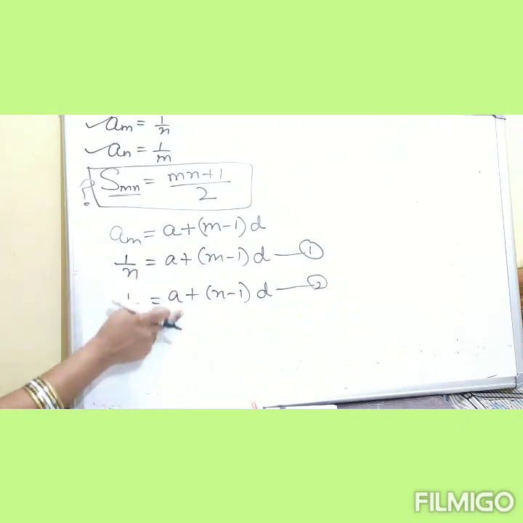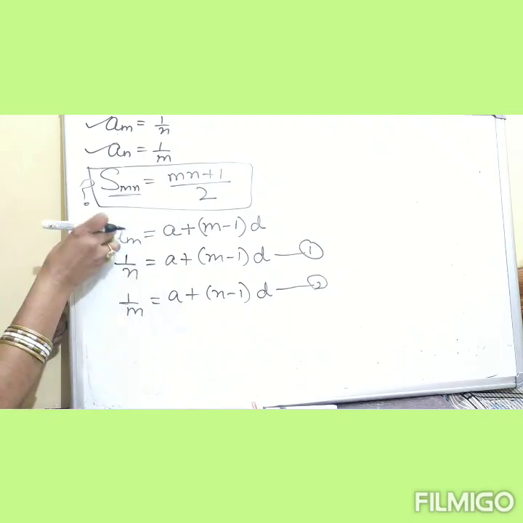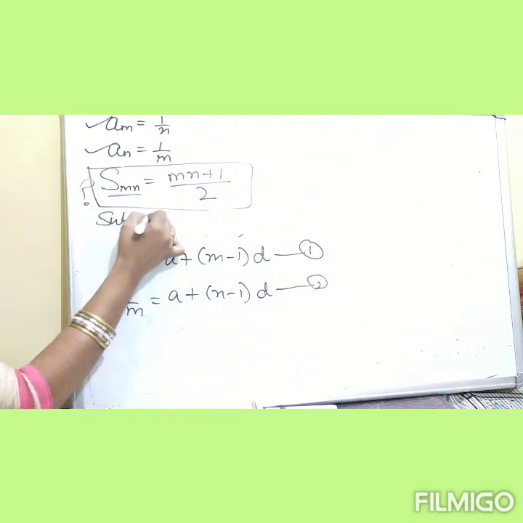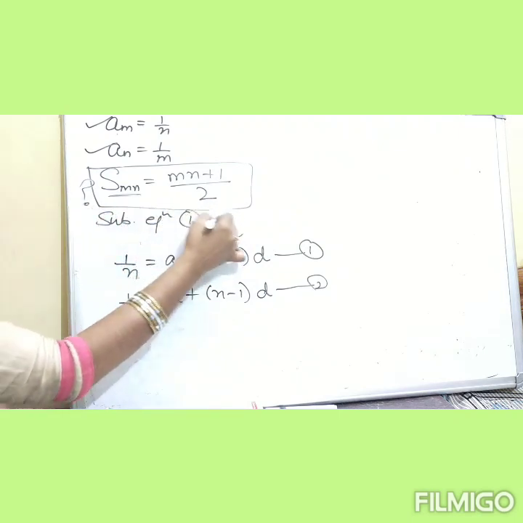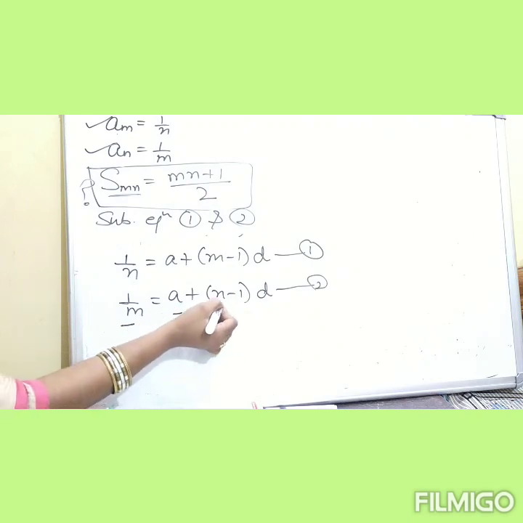Now we have two equations. If I subtract equation 1 and 2, we have to change the sign. This will be minus, minus, and if I change the sign inside the bracket, this will be minus and this will be plus.